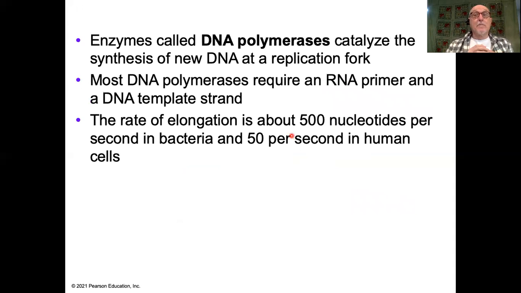This goes very fast, about 500 nucleotides per second in bacteria, a little bit slower in eukaryotes. It's extremely fast, and purposefully so, because the cell needs to get this over and done with as quickly as possible.